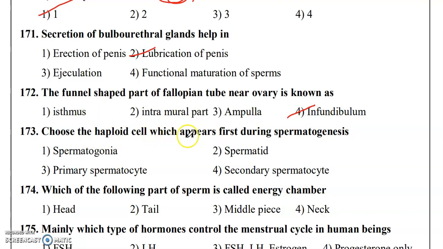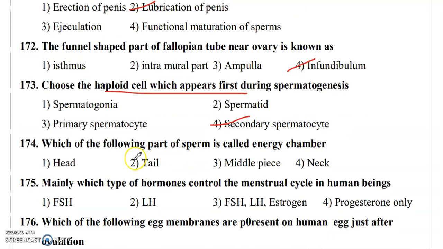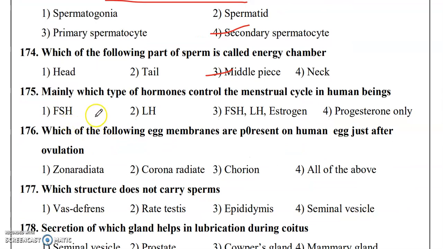Choose the haploid cell which appears first during spermatogenesis: secondary spermatocyte. Which part of the sperm is called the energy chamber? The middle piece, because it consists of mitochondria.